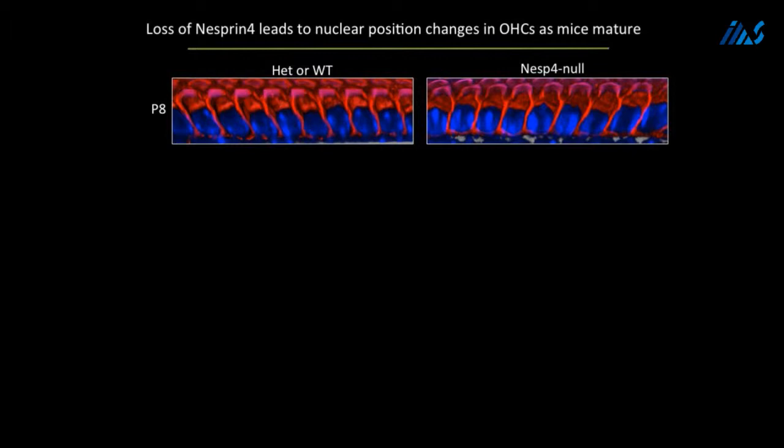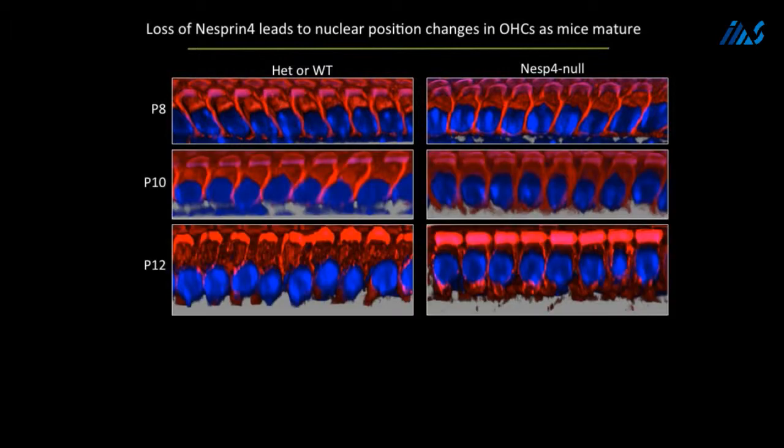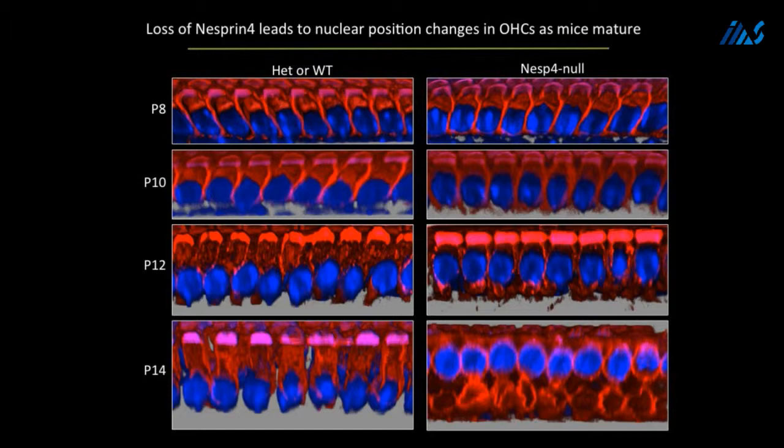And you can see this happening over time. Again, I'm just going to load all of these. But these are z-axis reconstructions. At P8, you can see in both wild type and nesprin 4 null animals, the outer hair cells are cuboidal looking, and the nuclei are more or less in the same place.